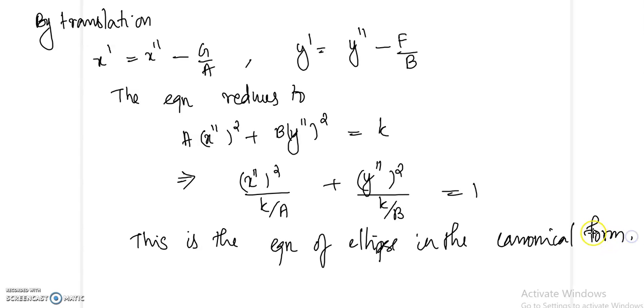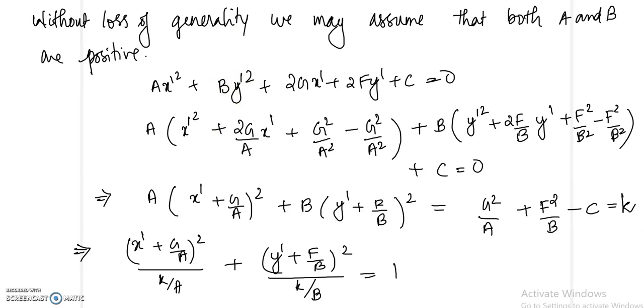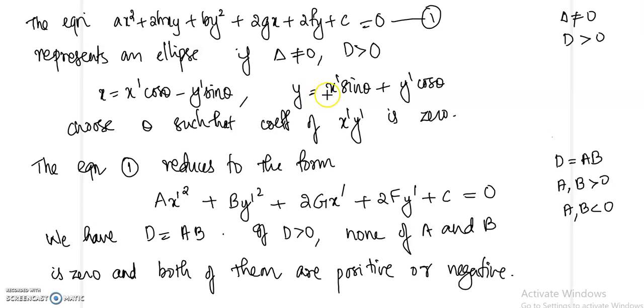When we do a problem, we do the same as we did for the parabola: use the transformation x equal to x dash cos theta minus y dash sin theta and y equal to x dash sin theta plus y dash cos theta. Then choose theta such that the coefficient of x dash y dash is 0.